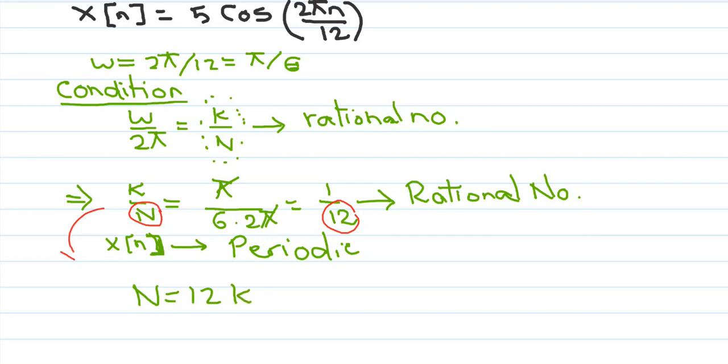In this case, this is a ratio of two integers, so the value of k is again some integer value. What is the importance of this k? We choose the smallest value of k such that our n becomes an integer. Obviously the smallest value of k is 1. So for k equal to 1, n will be equal to 12. So this is my fundamental period here.